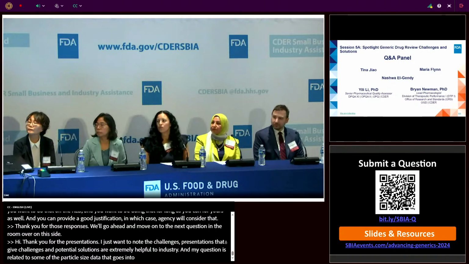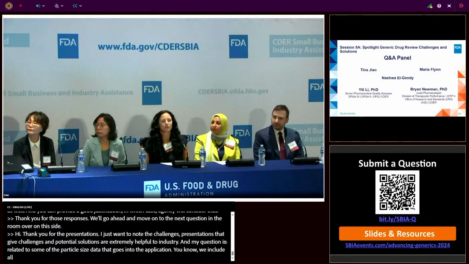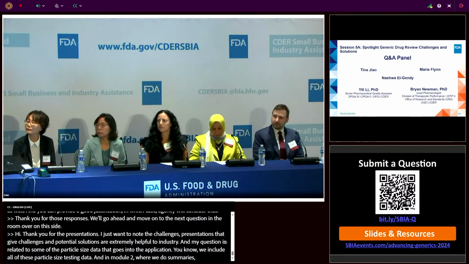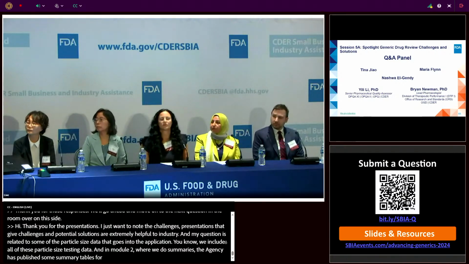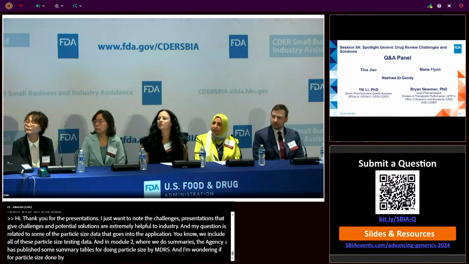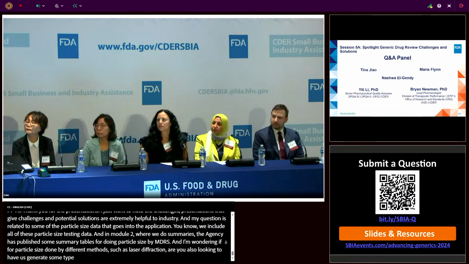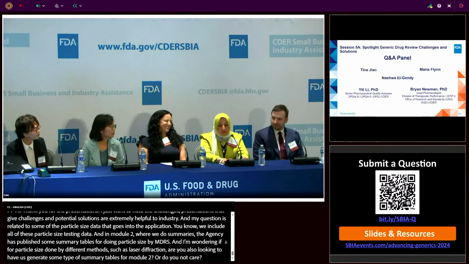We include all of these particle size testing data, and in module 2, where we do summaries, the agency has published some summary tables for doing particle size by MDRS. I'm wondering if, for particle size done by different methods such as laser diffraction, you are also looking to have us generate some type of summary tables for module 2, or do you not care?